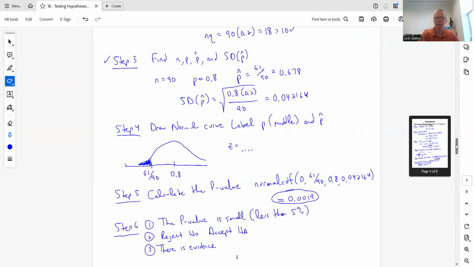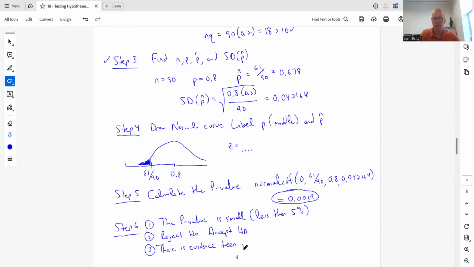So right spot: there is evidence teen pass rates are below 80%. And that is the answer to the question. And usually these questions are phrased in a way that if the p-value is small, then the answer to the question is yes.